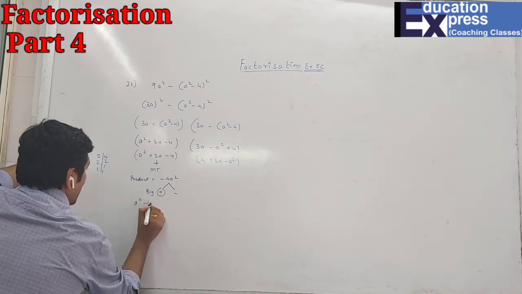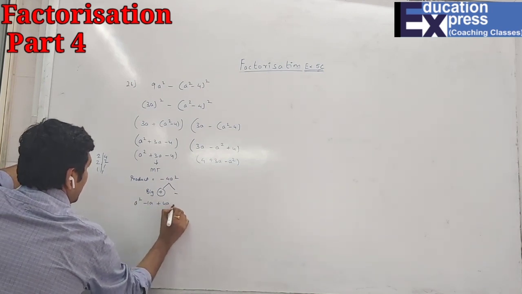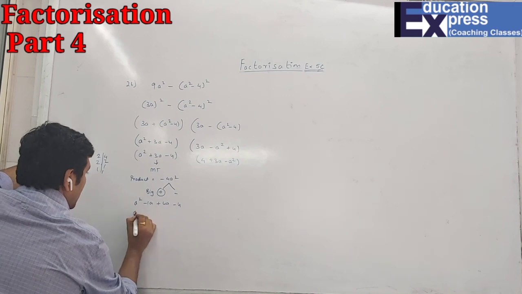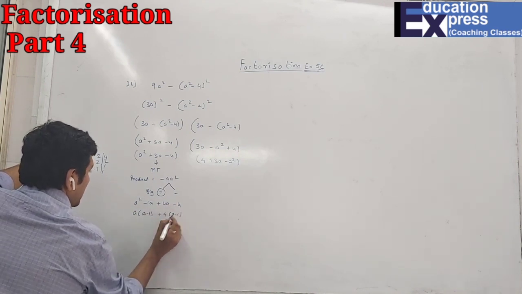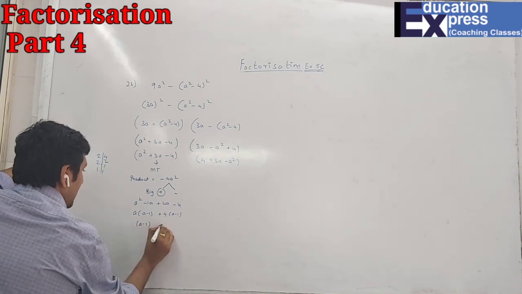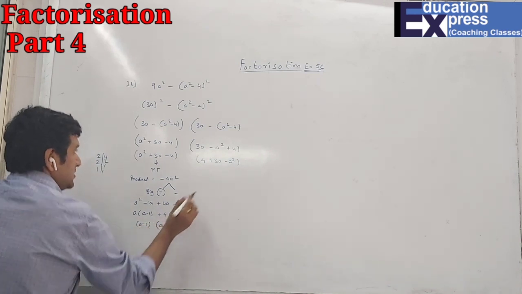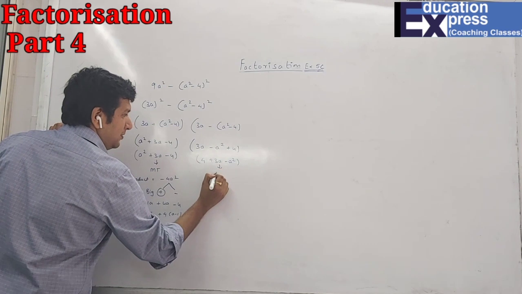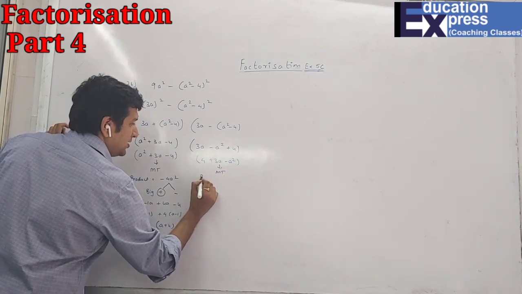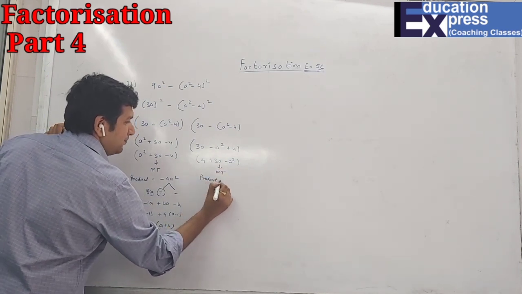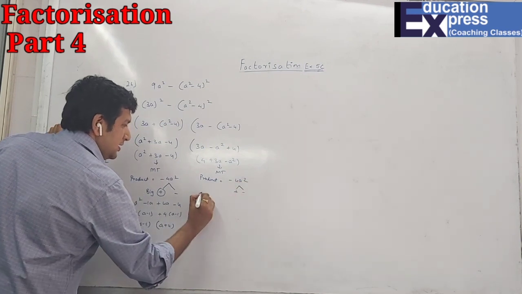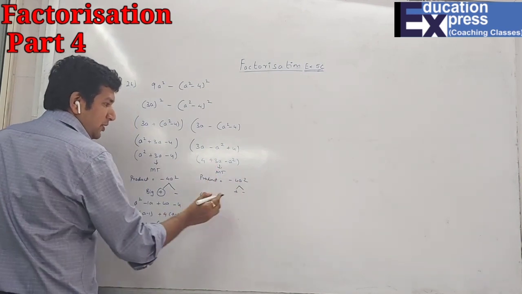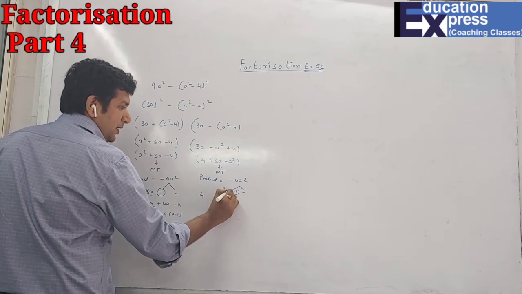A square minus 1a plus 4a minus 4. A common, (a minus 1), 4 common, (a minus 1), so (a minus 1)(a plus 4) is the answer. And here the middle term is again 3a. The product is the same, minus 4a square, again plus and minus. So again the middle term will get plus for the bigger number.